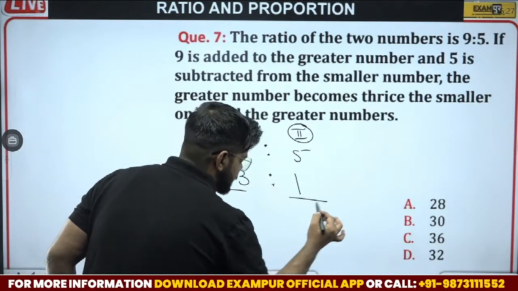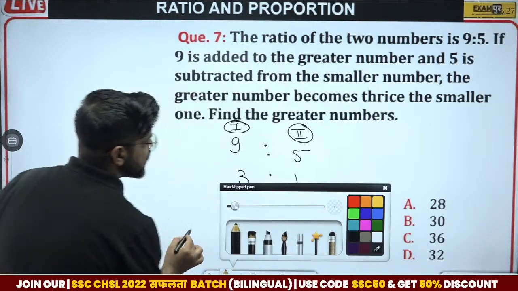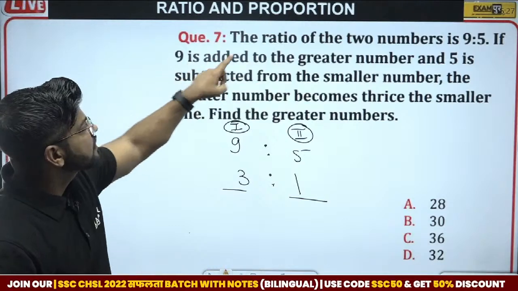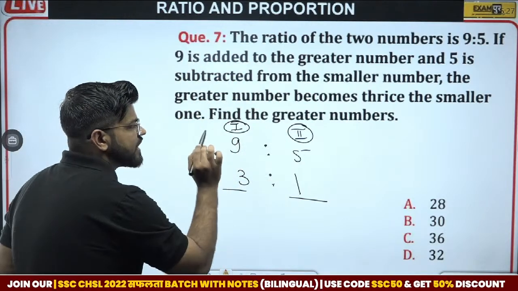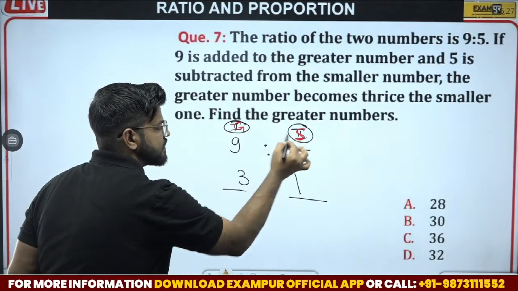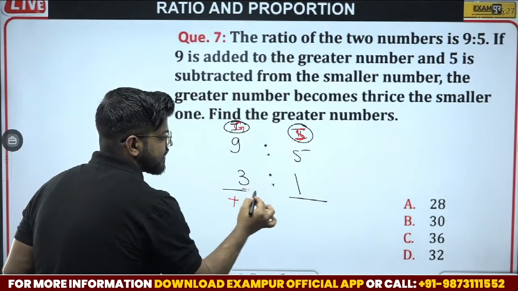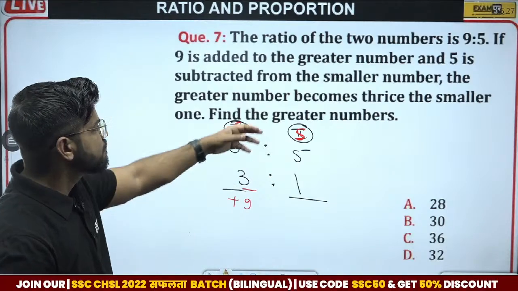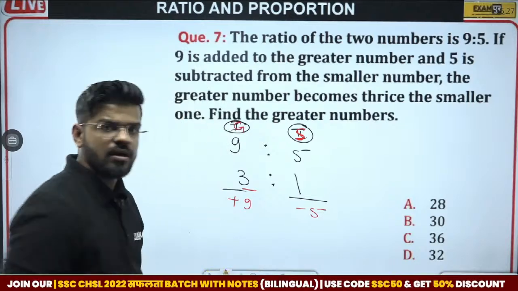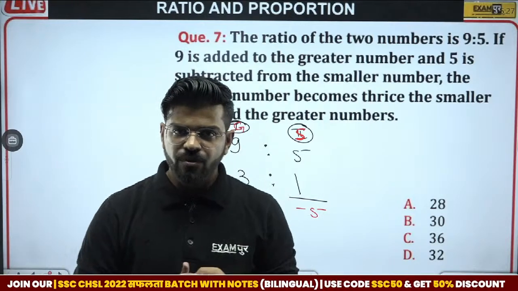So what is the difference between the both? When this ratio came, 9 was added to the greater number. So here we have the greater number and here we have the smaller number. Here we have added 9, and here we have subtracted 5. Now in the cross multiplication, what you have to do?